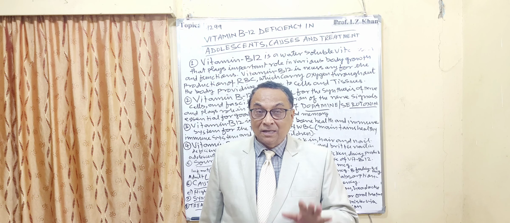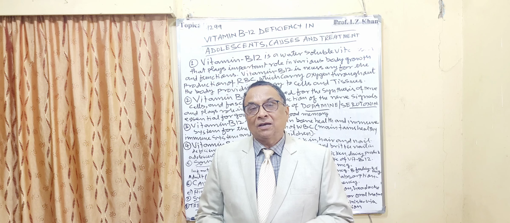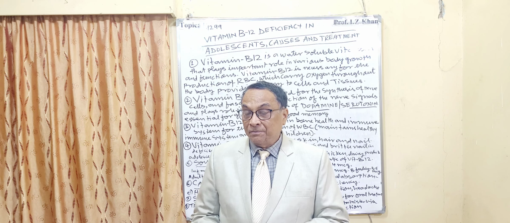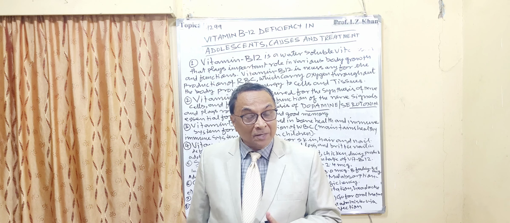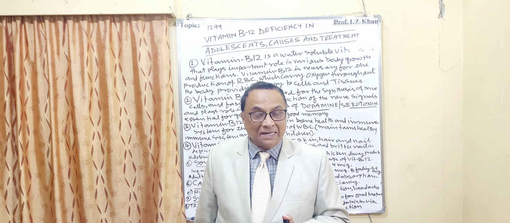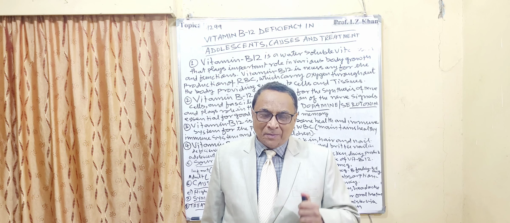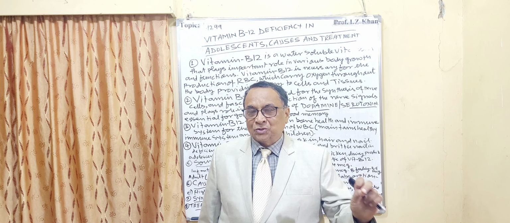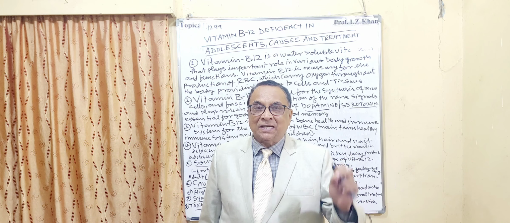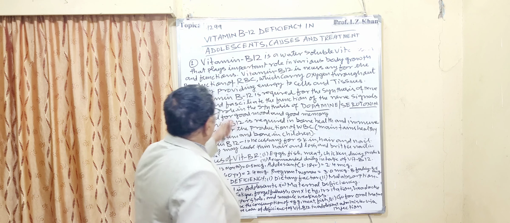So the child will have a low immune system, and will also always be in a bad mood, irritated, with headache, temperamental. All these factors are directly or indirectly associated with the deficiency of vitamin B12. So here I have given the summary.